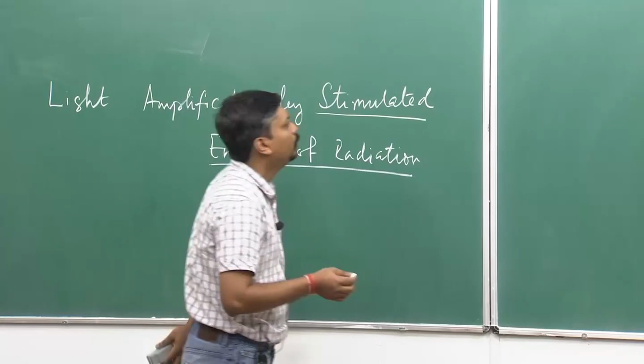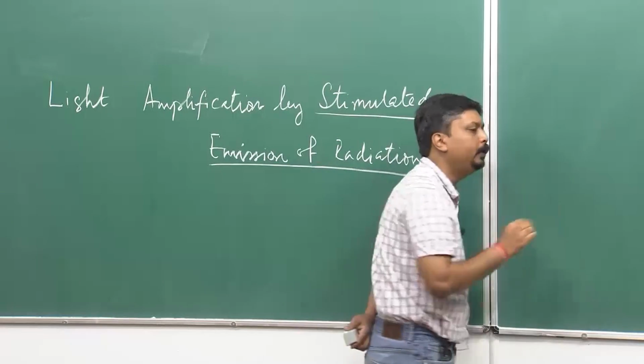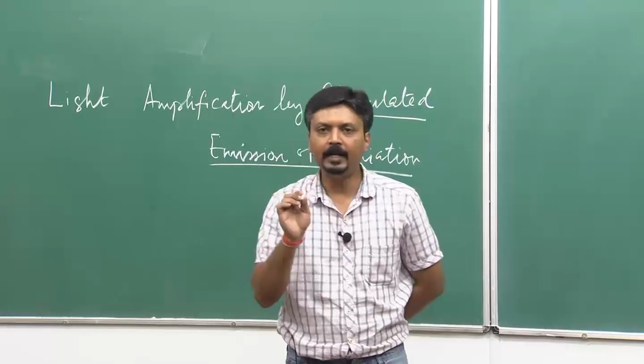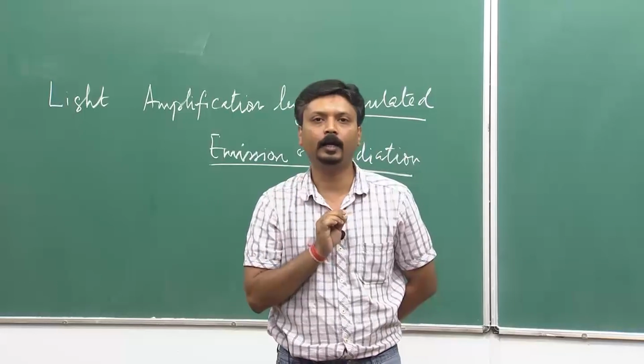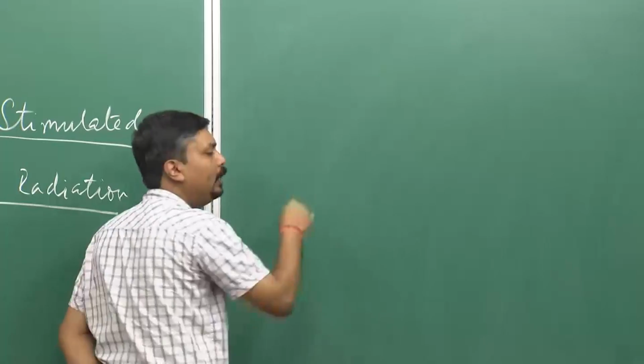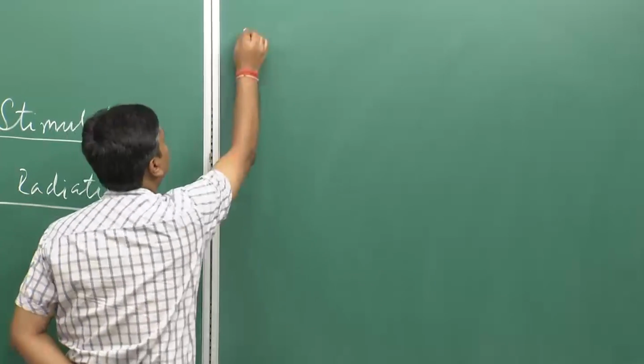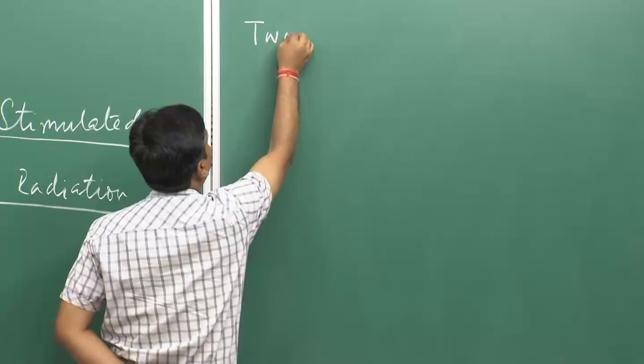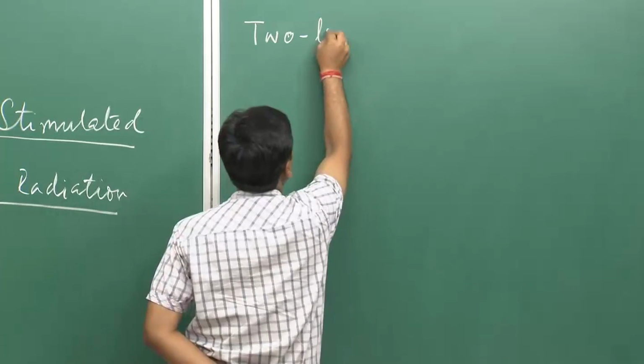So, we will start with a very simple energy level diagram, which is known as a two-state model or two-level system.